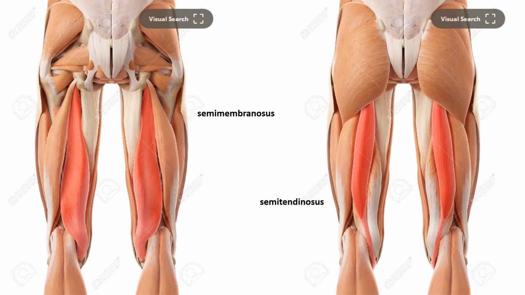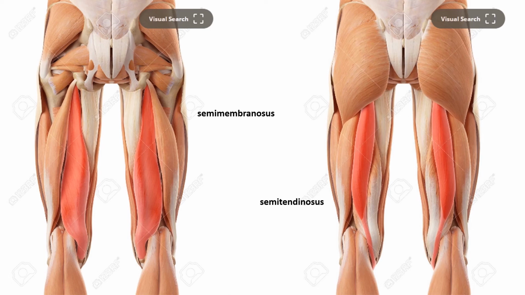Looking at the figure on the left, we can see that a muscle is on the medial side of the posterior hamstring muscles, and we can see that it is fleshy almost down to its insertion, and this is called semimembranosus, and it is deep in its upper part to the semitendinosus.